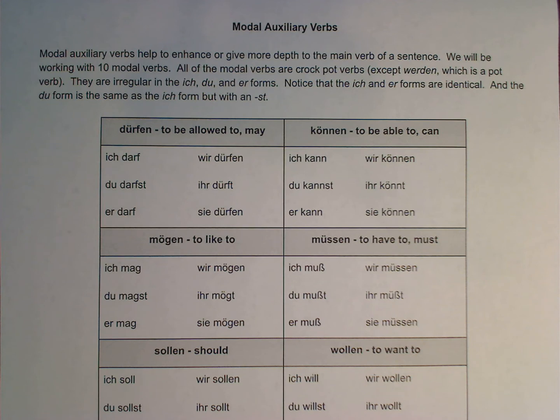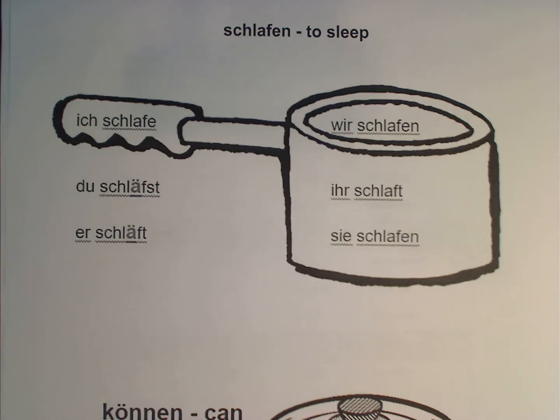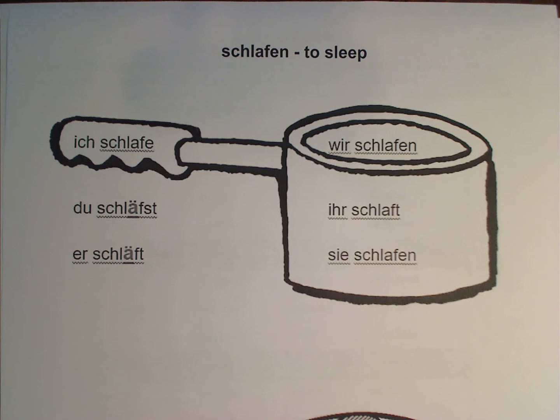All of the modal verbs that we're going to be working with are crock-pot verbs, except for one, that's werden. That one is not a crock-pot verb, it's a pot verb. Pot verbs, you might remember, are verbs that are irregular in the du and the er/sie/es form.